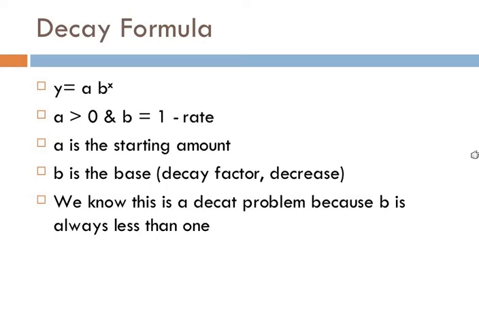And a is the initial amount. We call b the decay factor. When you see b written as a fraction or a decimal, you will say this is the decay factor, and you will know that your function, if you graph it, will be decreasing. We know this is a decay problem because b is always less than 1.